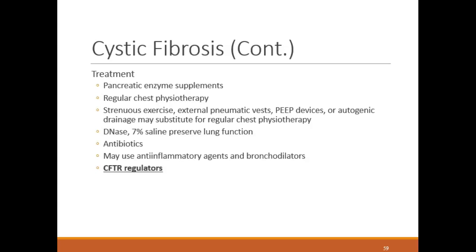It's very interesting. I should find the video for you guys and publish it, but it's a very interesting new therapy that's out with this. These patients also can be on anti-inflammatory agents and bronchodilators as well, like albuterol and inhaled corticosteroids.